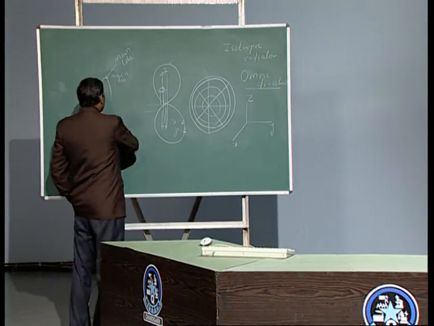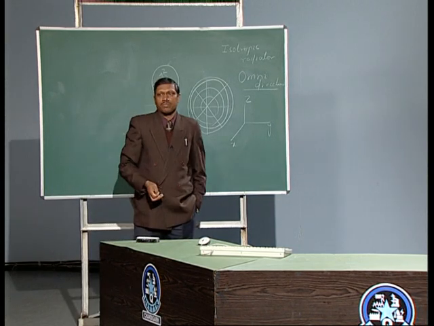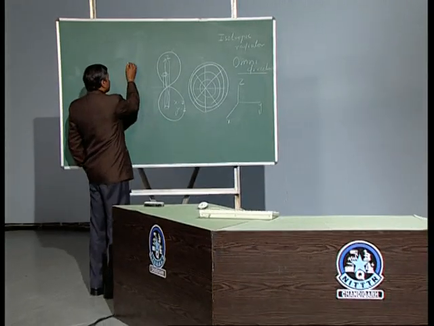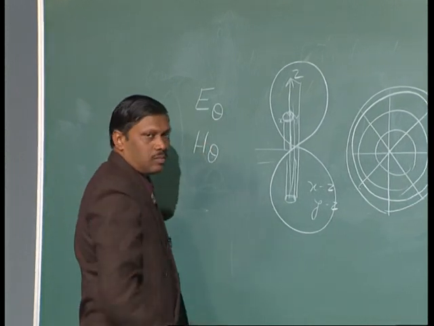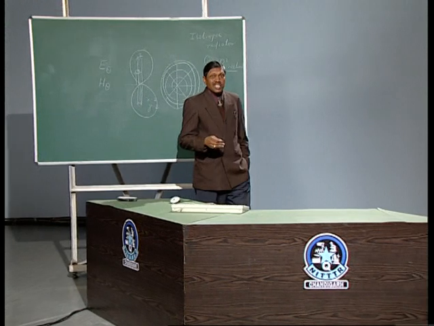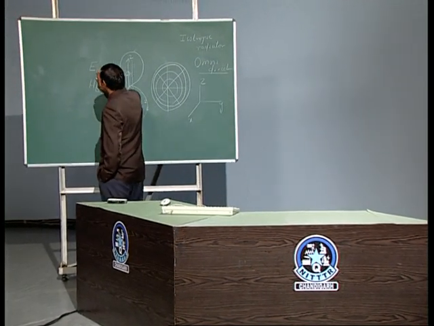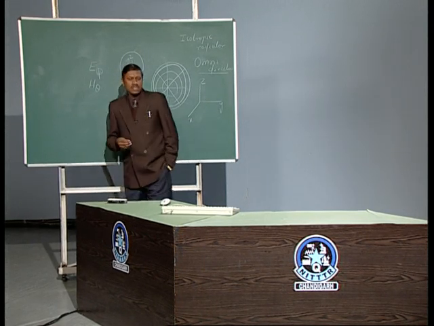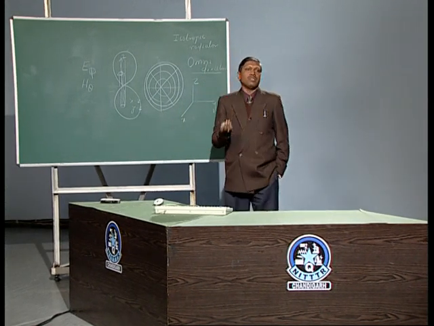So, based on this, if we are seeing the radiation pattern in terms of the theta components, then we say it is the E theta or H theta distribution, or the E theta pattern or H theta pattern. If this is not in terms of theta, but in terms of phi, then we say it is the E phi plane pattern or H phi plane pattern.